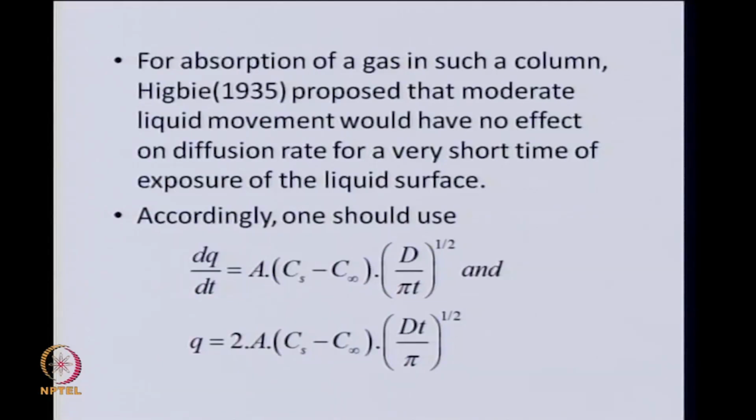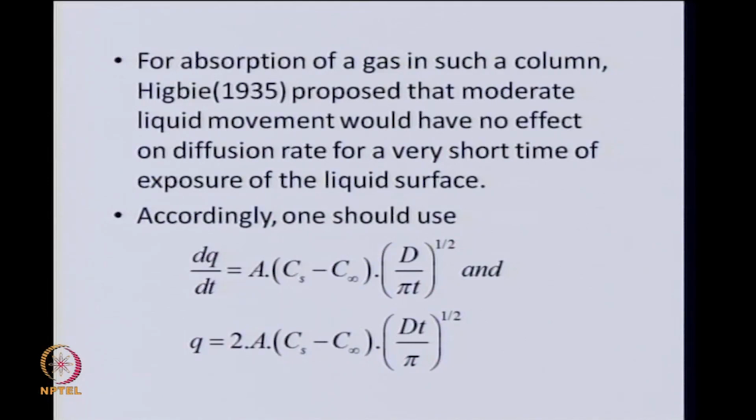Those were the premises which led Higbie to postulate the penetration theory, and that is what was done in 1935 for gas absorption in such columns. Higbie's proposition was that moderate liquid movement would have no effect on the diffusion rate for a very short time of exposure of liquid surface.